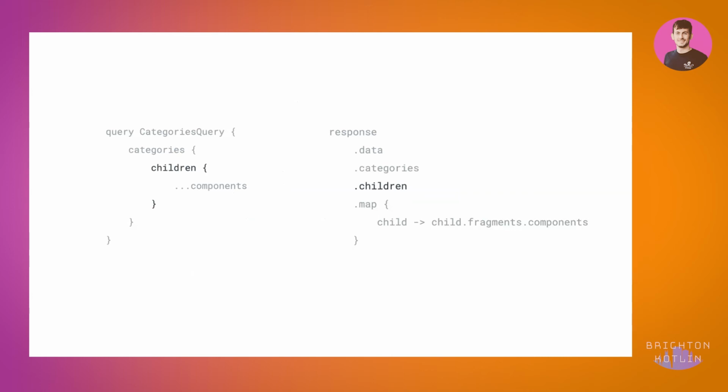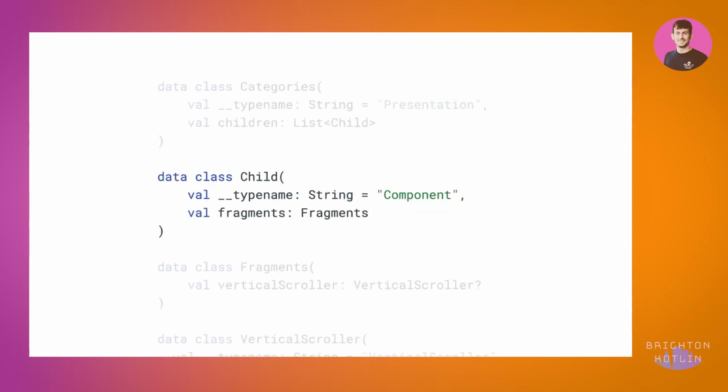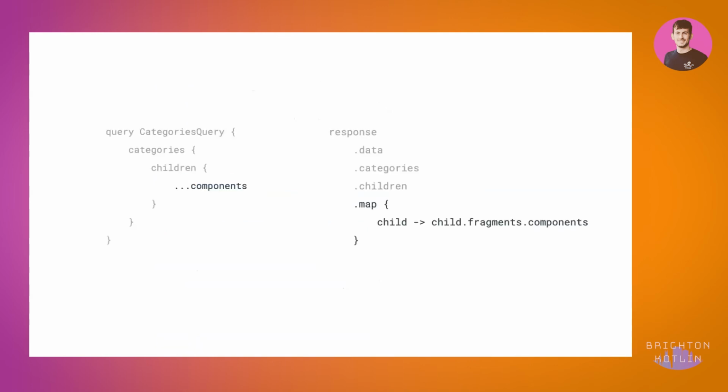So at this point, with this children property, we have a list of fragment models. We saw this in the generated categories model previously, but again, Apollo has generated this child class for us based on that query we defined earlier. Inside of this child, we can see a fragments property, which contains all of the fragments that we queried for. Now, fragments aren't too helpful on their own, and we have to do a bit of digging in to get out the things that we need.